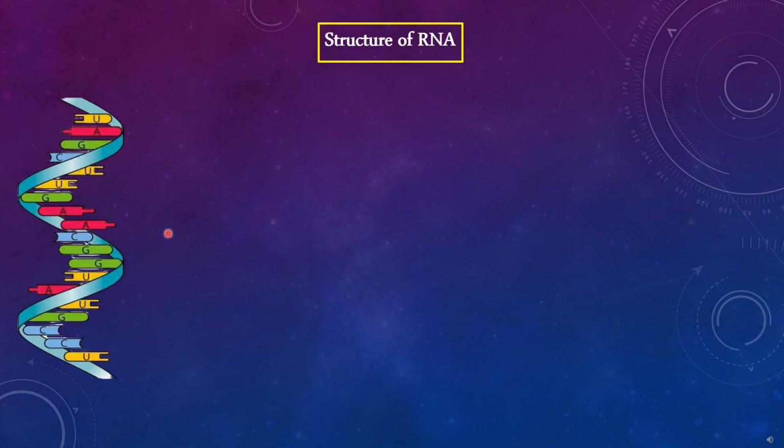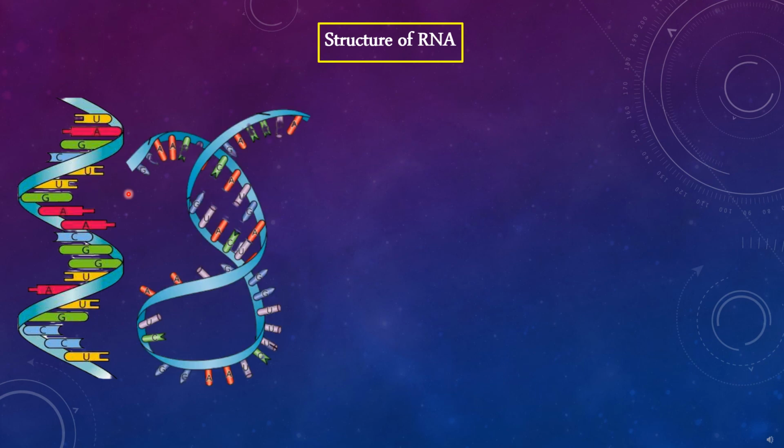You can see the double-stranded structure in DNA, but here you can see a single strand in RNA. Here also there are nitrogen bases: adenine, guanine, cytosine and uracil. There is no thymine; instead of thymine, there is uracil. It's a single-stranded structure.